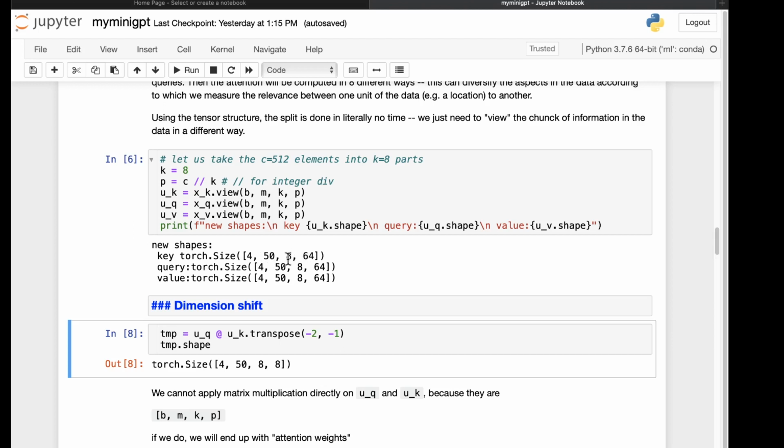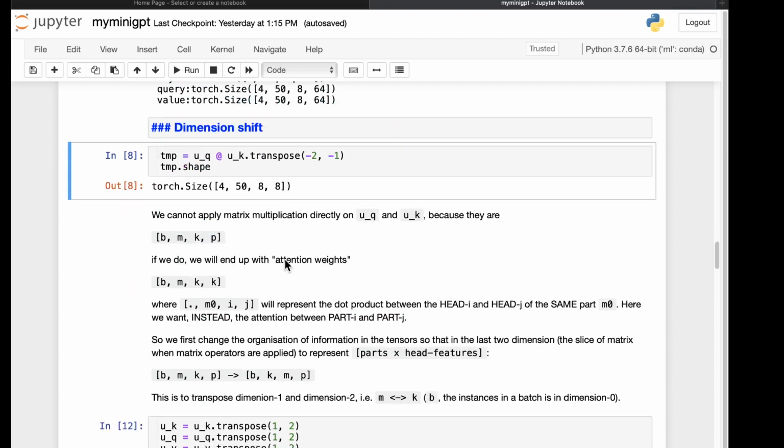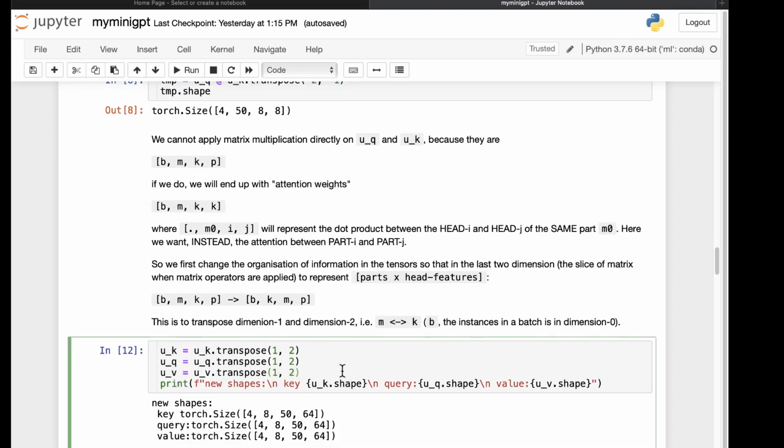Therefore, we will compute the attention between these 50 different units within one data instance, and do the attention computation for 8 times.